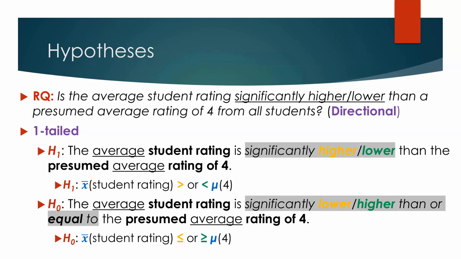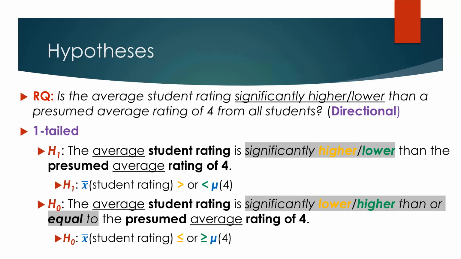So the null is saying that the sample mean can't be greater than the population mean if the sample mean is actually less than or equal to the population mean. Okay, so you can copy the same sentence. You just got to specify the other direction. If the alternative said higher, the null says lower. And then that second part, equal to, right? Because remember, it has to be the other direction, but also they could be equal. One can't be higher or lower than the other number if they are equal to each other.